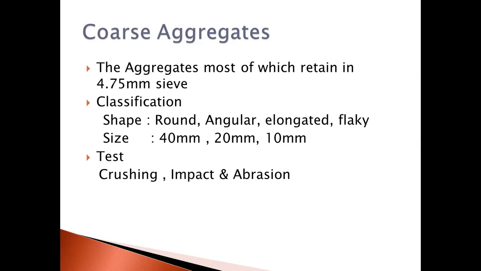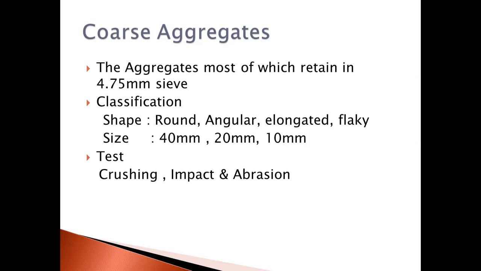One of the main things in concrete is that the strength of the concrete is mainly due to the coarse aggregate. Now we will see the sizes. The sizes of the aggregates are 40 mm, 20 mm, and 10 mm. The 40 mm is used in mass concreting.